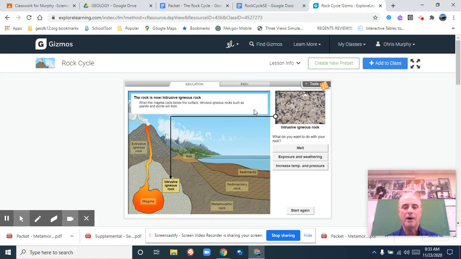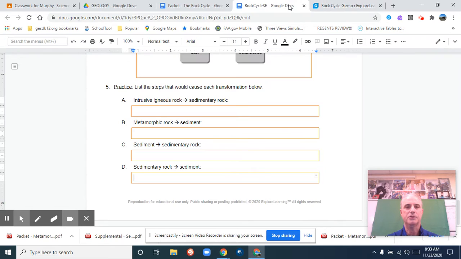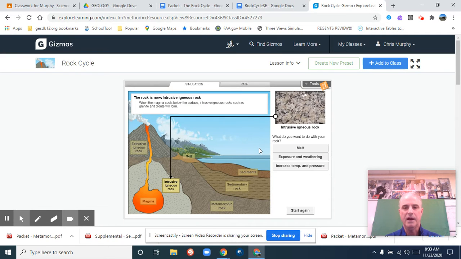What I want to do is think about what things would create sedimentary rock, because that is my question. Would melting bring me to sedimentary rock? If I melted the intrusive igneous rock, it would turn into magma, if you remember from the previous part of the Gizmo, so that wouldn't bring me to sedimentary rock.